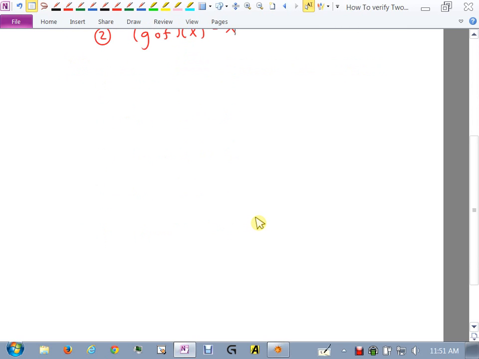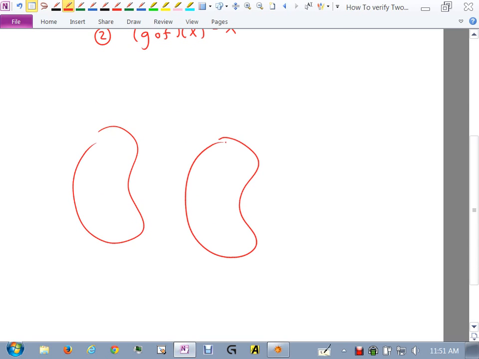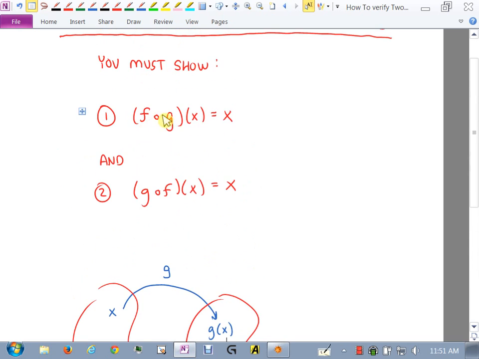So why do we show that? Let's see if we can draw a picture real quick. What we're trying to show is this. If I plug an x into g first, it comes out g of x, right? So I'm doing this f of g one, right? X goes into g first.